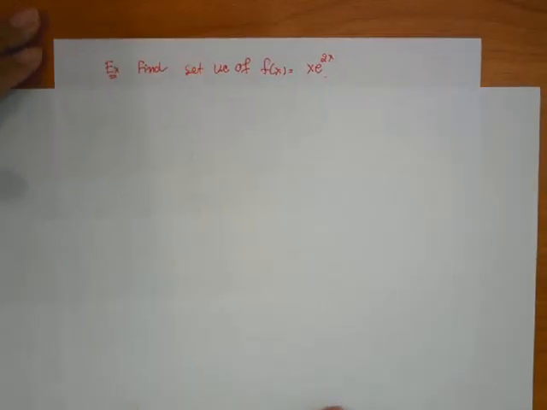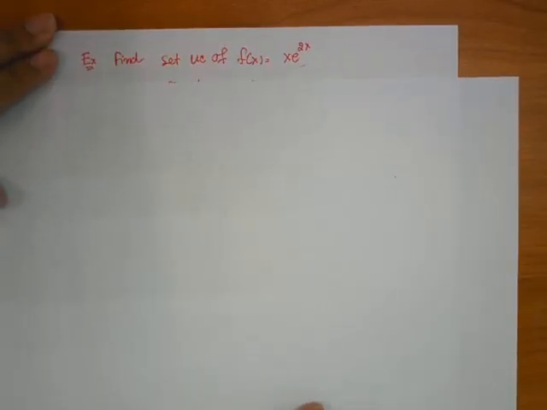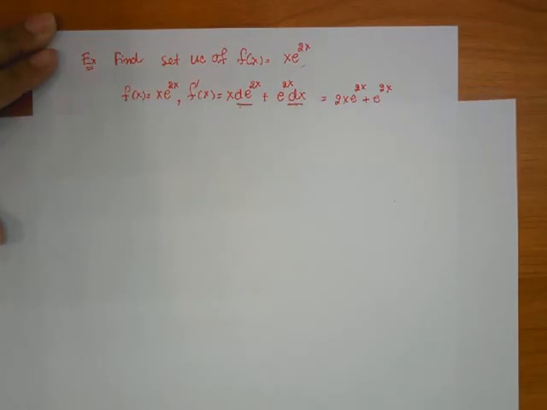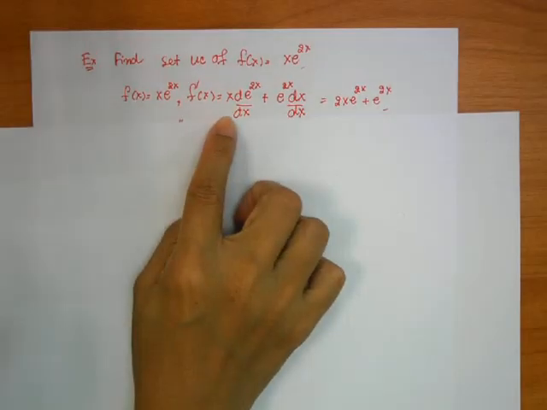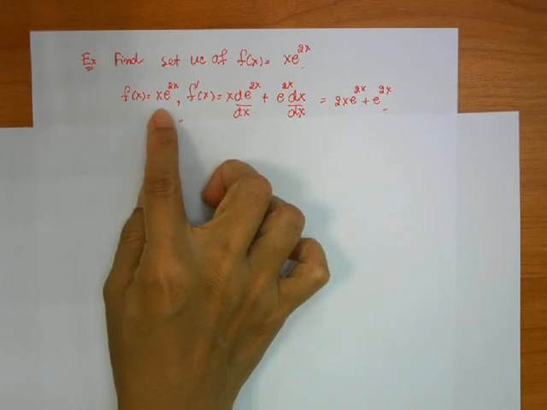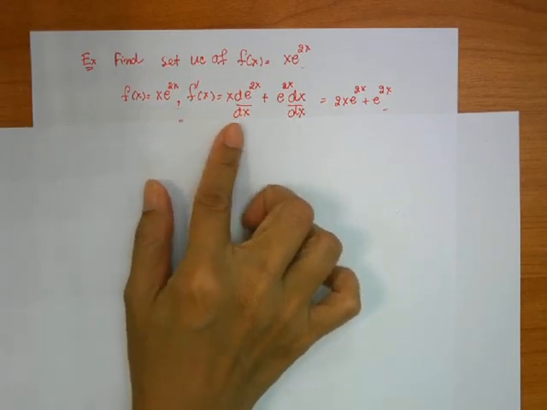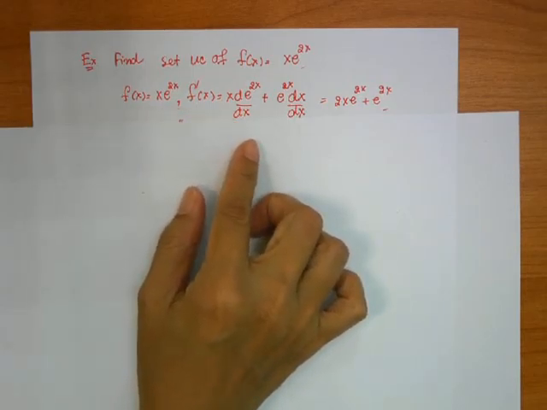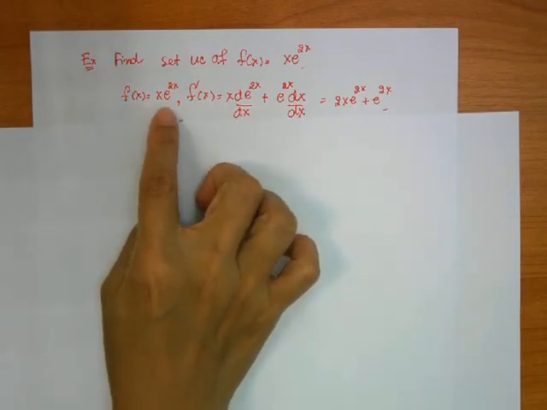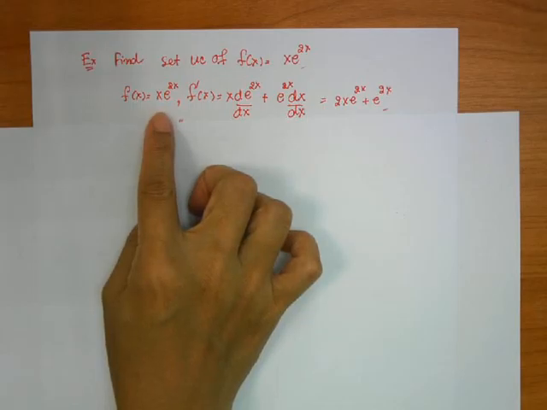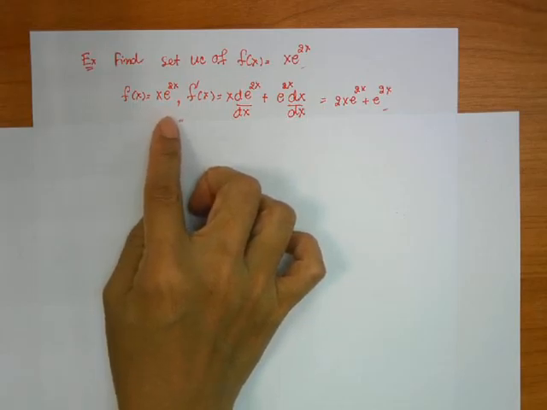So the first derivative of this f(x) is what? This one is the first derivative of this function: x d exponential of 2x by dx plus exponential of 2x by dx, right? This is the derivative of the product of two functions.